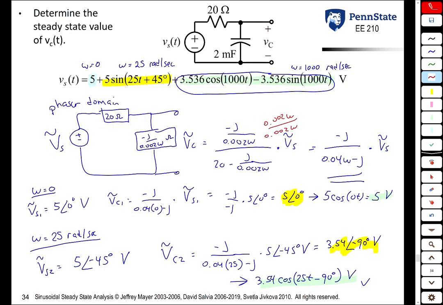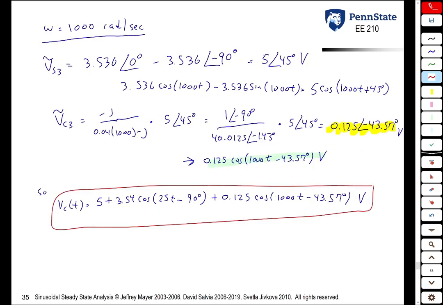One thing to look at. The input, we said before, is composed of 3 different frequencies. All 3 frequencies have the same amplitude. We had a DC of amplitude 5. We had a 25 radian per second signal with an amplitude of 5. And we had a 1000 radian per second signal, which we saw on this page, also had an amplitude of 5. So at the input end, all 3 frequency components had the same amplitude.